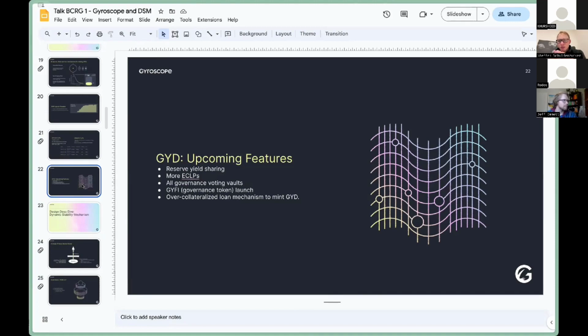So Frax, I would say the answer is that GYD is fully collateralized and aims to be over-collateralized, like the yield is over-collateralizing the system. Frax has this partial collateralization with its own governance token, which I think is extremely risky.